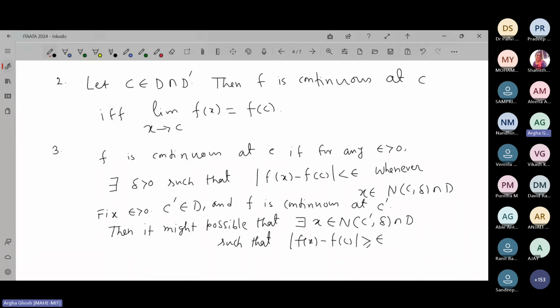So the important thing is that this delta not only depends on the choice of epsilon, it also depends on the choice of point.